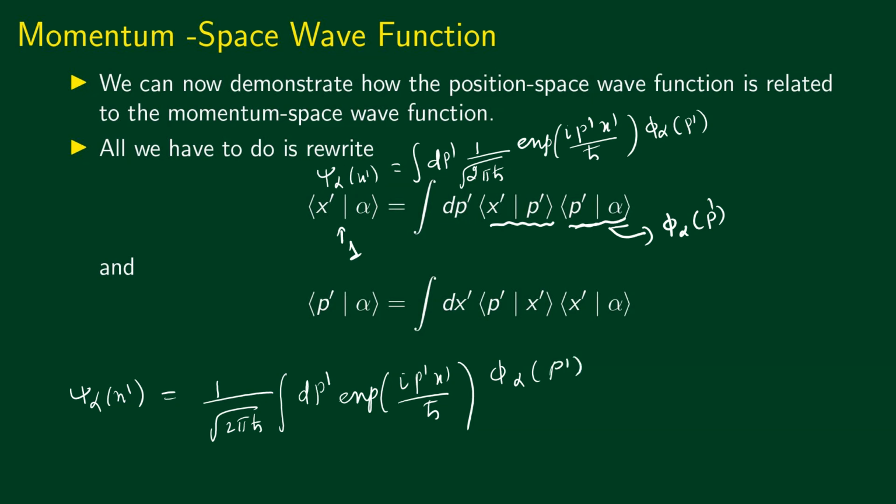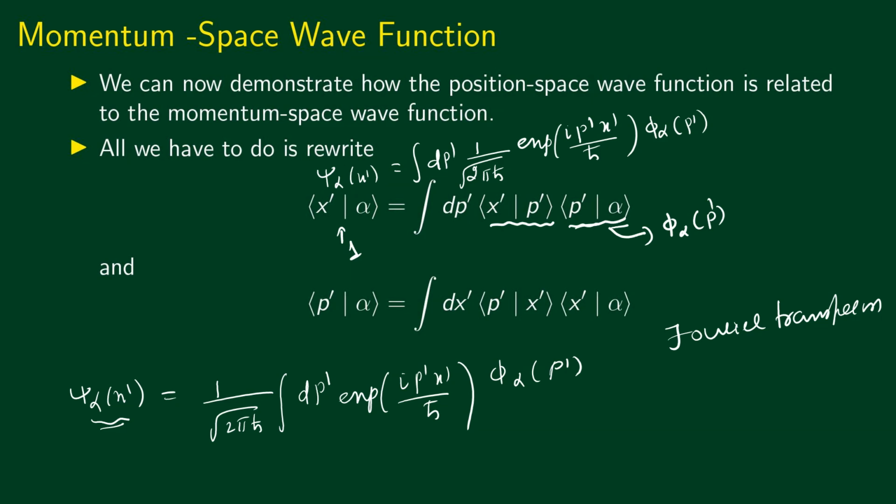You might immediately recognize this as the Fourier transform. So the position space wave function is related to the momentum space wave function by a Fourier transform. I hope you are already familiar with the Fourier transform. If not, it's fine. This kind of transformation is called a Fourier transform.